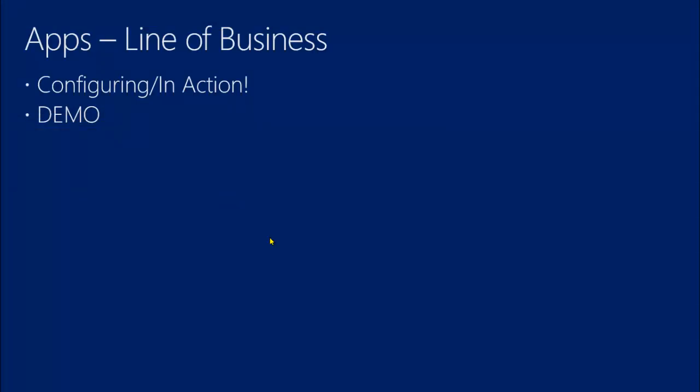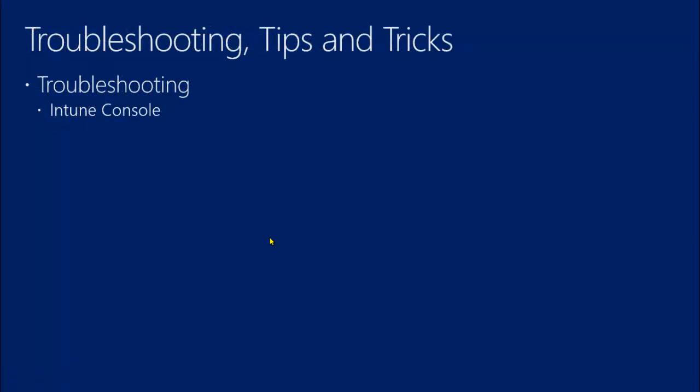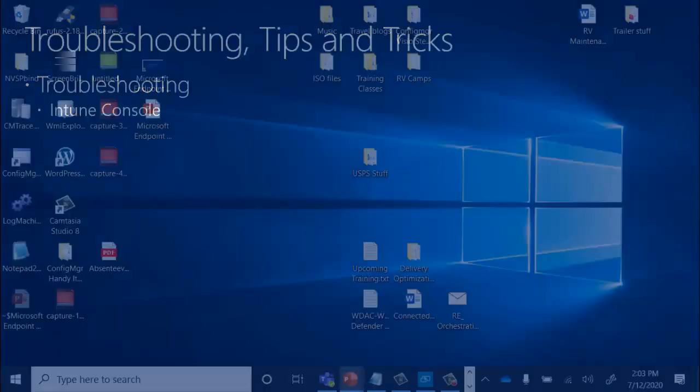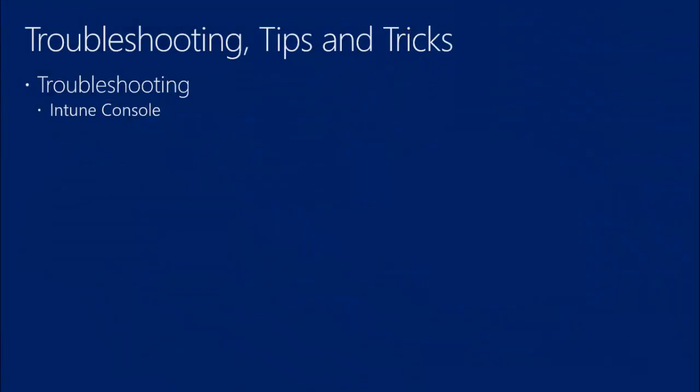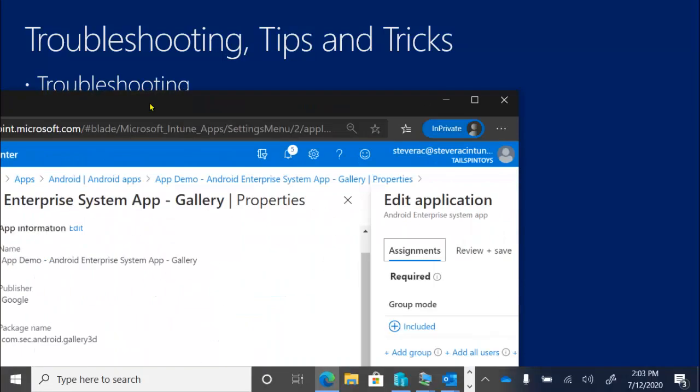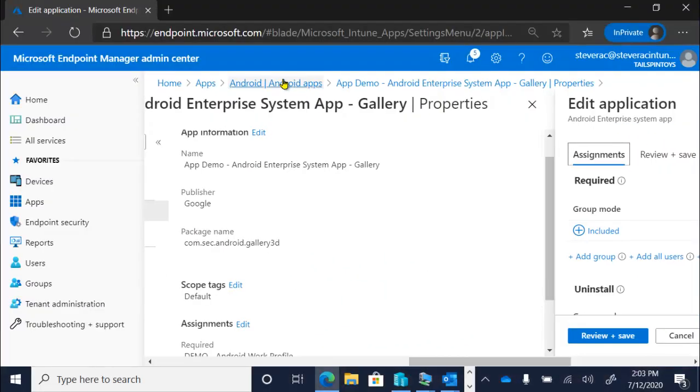All right. Okay, so we are done with all the walkthroughs. I want to wrap up with a bit of troubleshooting, maybe some tips and tricks as we go through this. And again, this is nothing that is new. I've covered this in previous sessions. At some point, we're going to have a dedicated troubleshooting session on the deeper details of Intune, going into device options and so on.